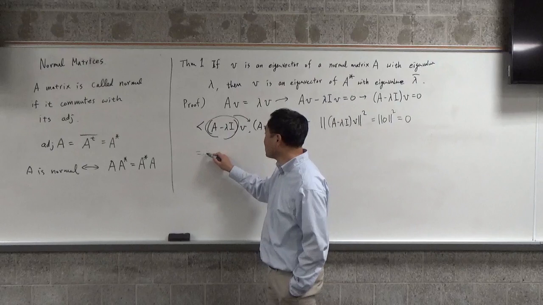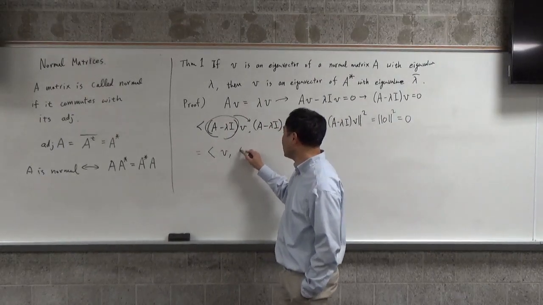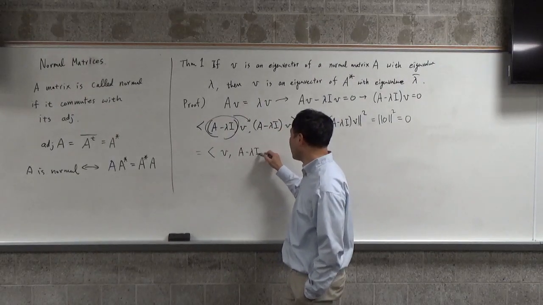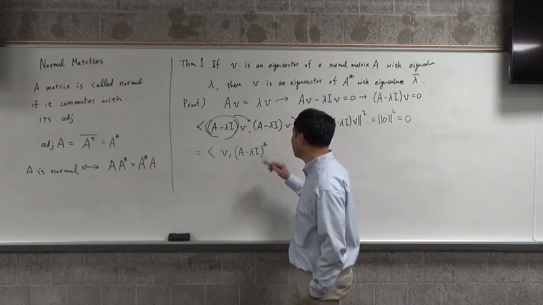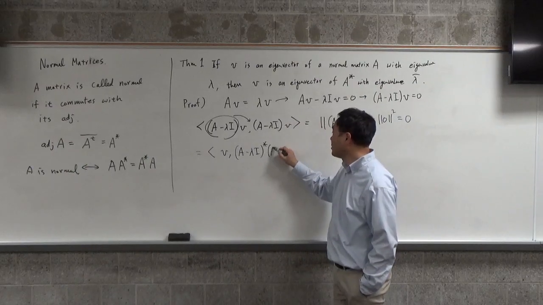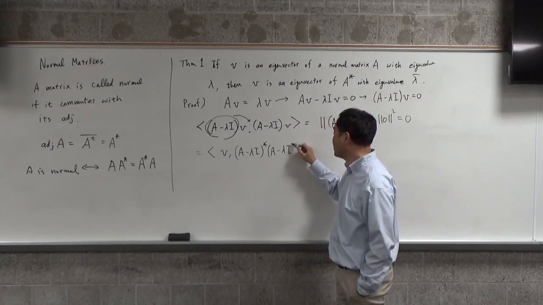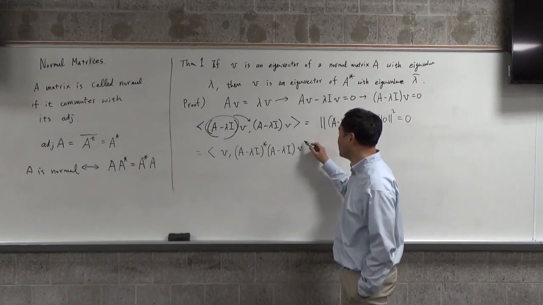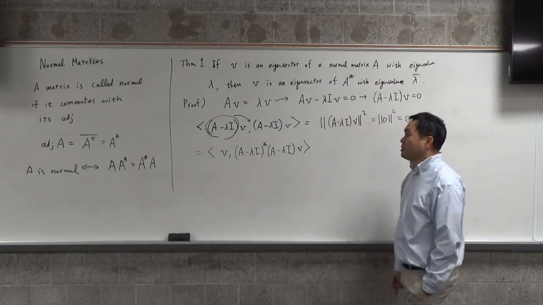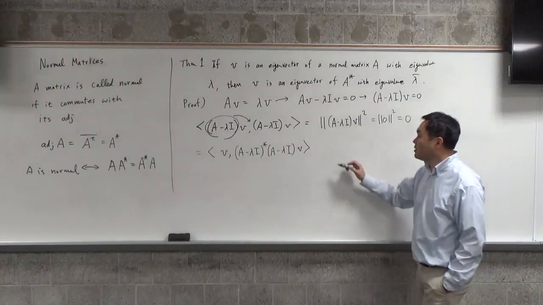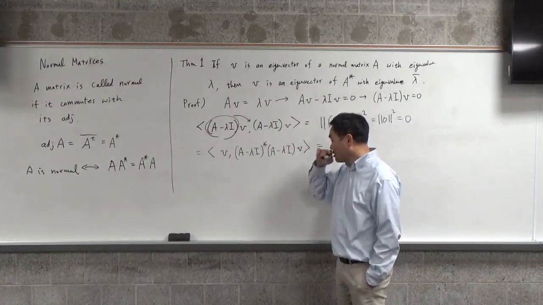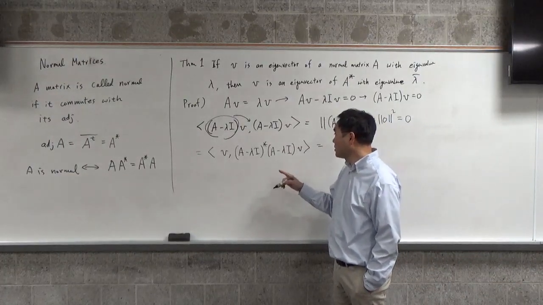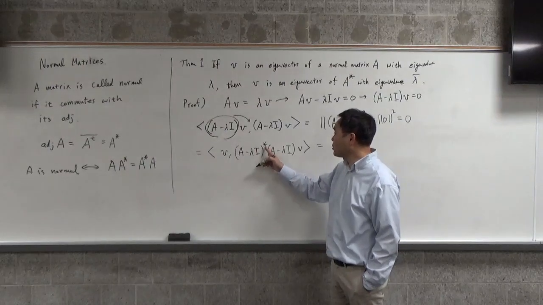So this is now equal to the inner product of v with (A minus lambda I) star, applied to (A minus lambda I) v. You still have to think about what this is.